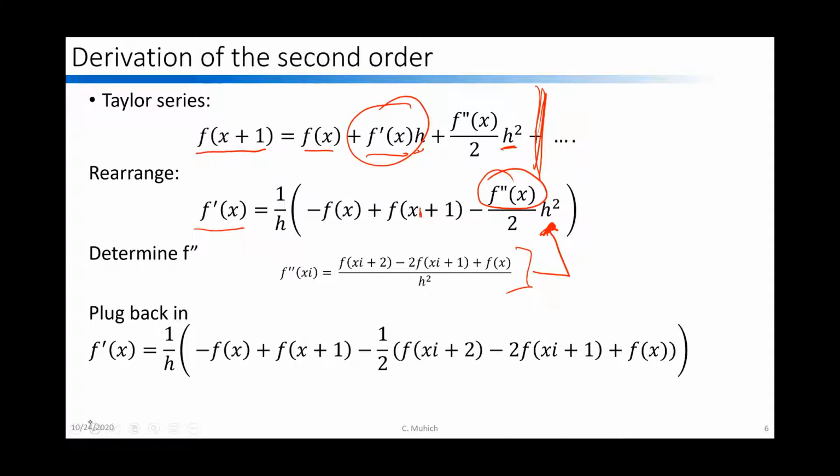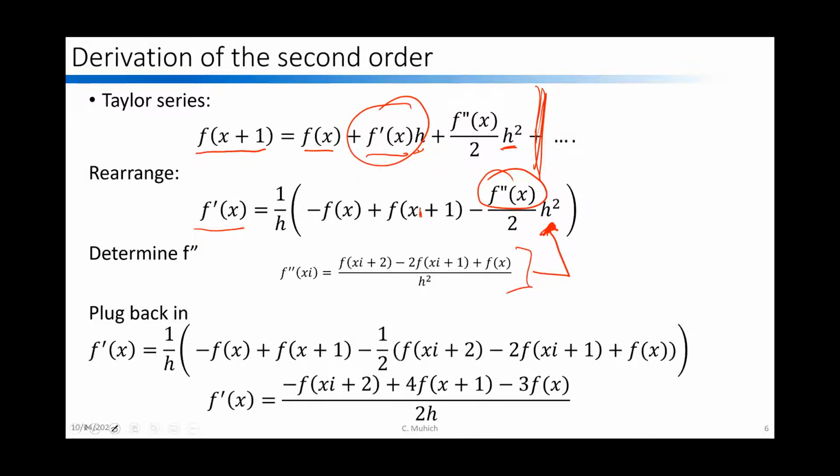Now, all I need to do is collect terms, because we have all sorts of information that we know. We don't have anything that we don't know. I can collect terms, tidy it up a little bit, and get a relatively simple equation for my first derivative finite difference formula to the second order.